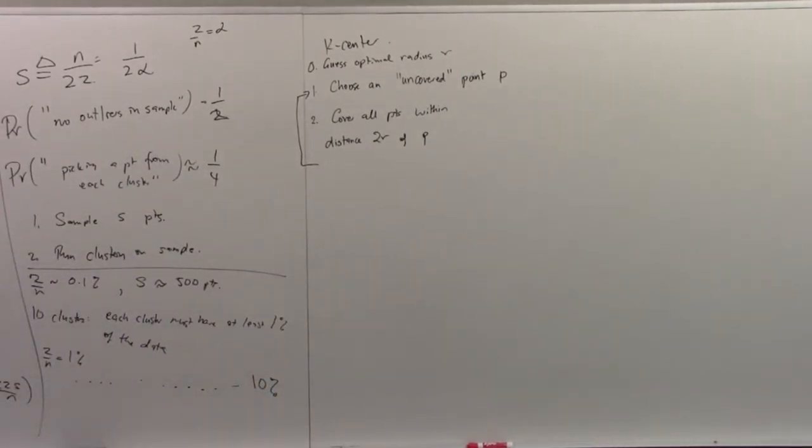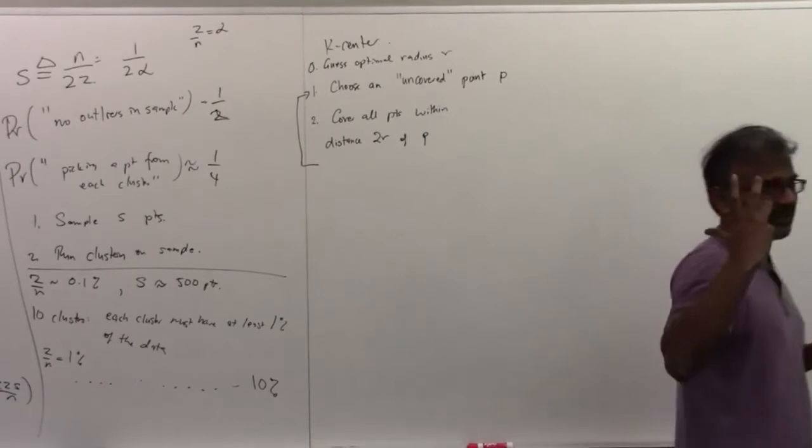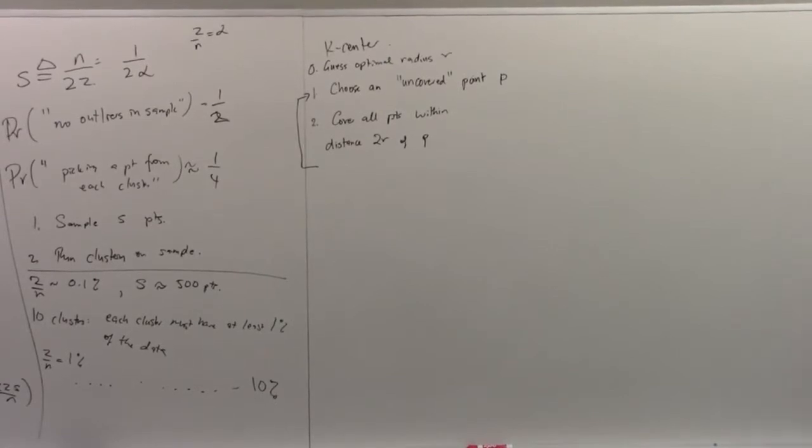I claim this is a reformulation of the k-center algorithm with the same guarantees. You take a point, just like before, and use the guess for the optimal radius r to cover all points within radius 2r. Not r, 2r. They're all covered, so basically you've thrown them away. Now you pick a new point, which is guaranteed to be at least 2r away from the first, because you've covered everything else.